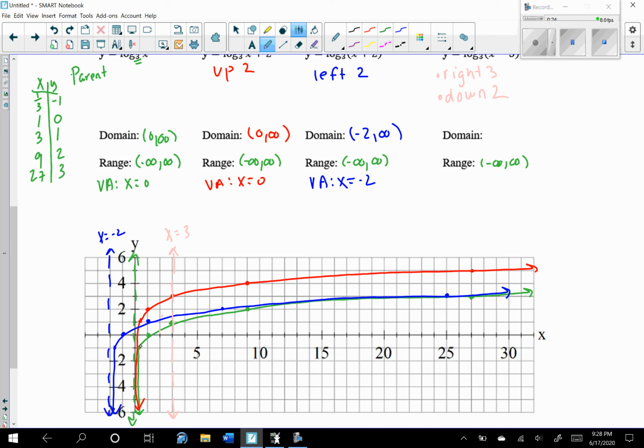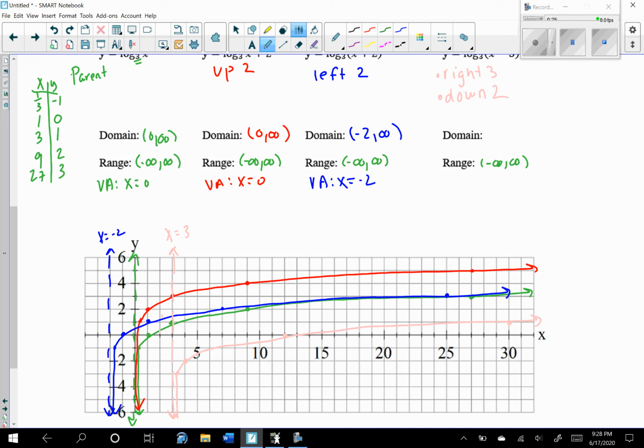So right 3, down 2. This point goes right 3, down 2. And again, right 1, 2, 3, down 2. Again, we're using the graph in green, so right 3, down 2, and then connect those values. Sorry, that graph is a little hard to see.